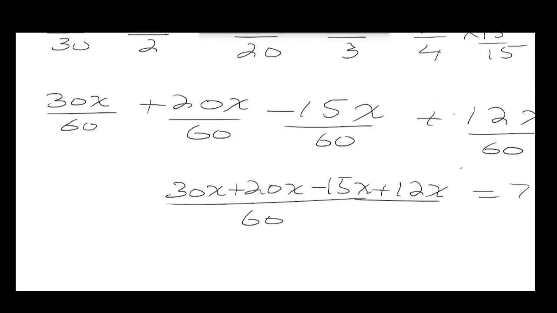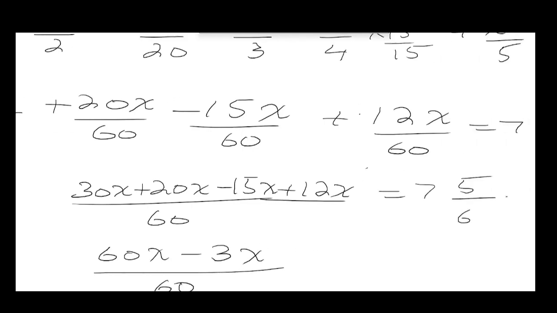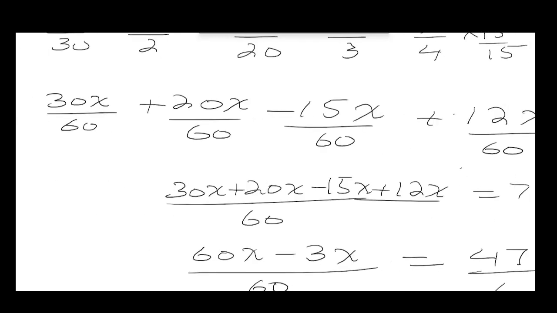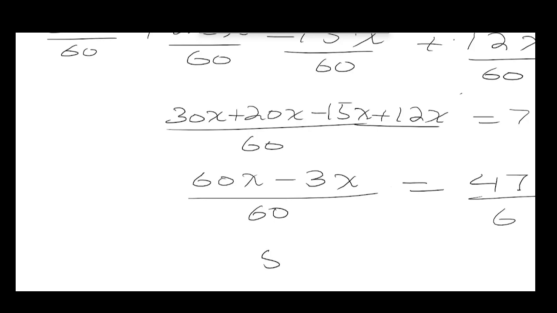Okay, after that 30x will be added with 20x, so that results in 60x, and then we can write 60x minus 3x, because 15 and 12, and then 60 is equal to 7 whole 5 by 6, so 7 times 6 plus 5, that results in 47 over 6. After that 60 minus 3x will be simplified to 57x by 60 and 47 by 6.